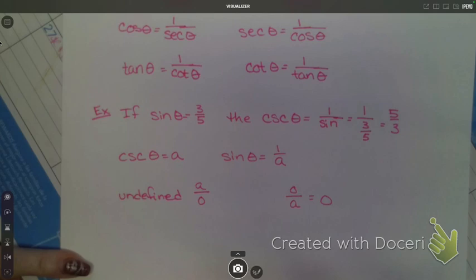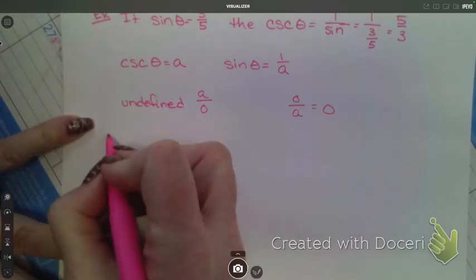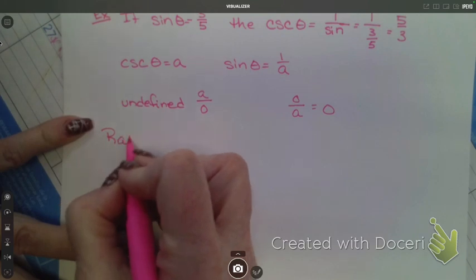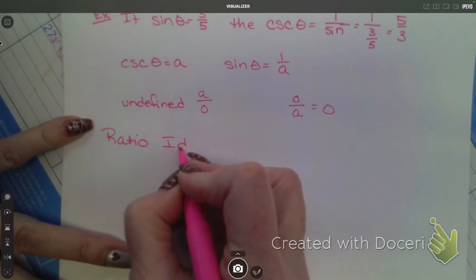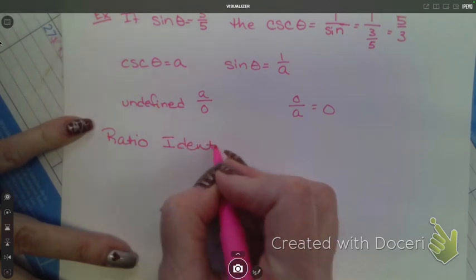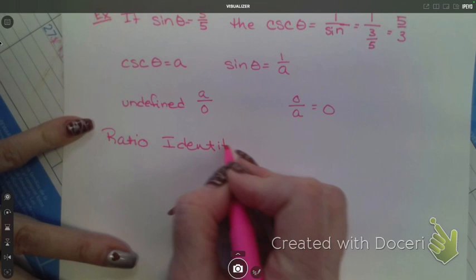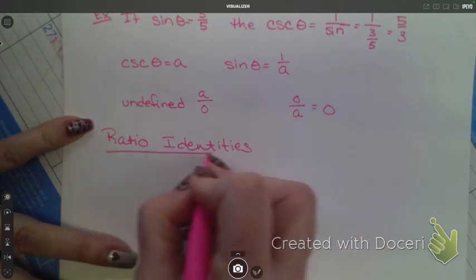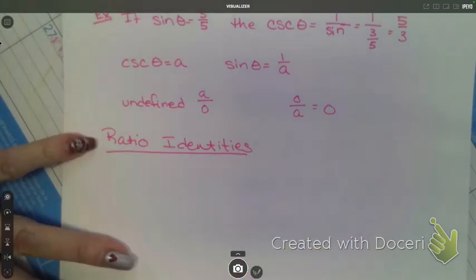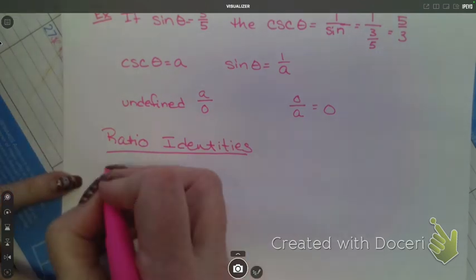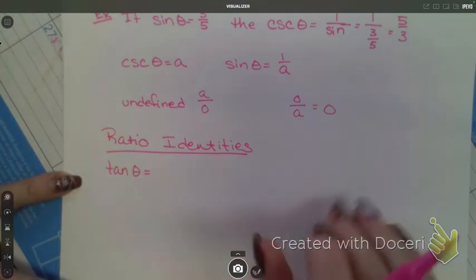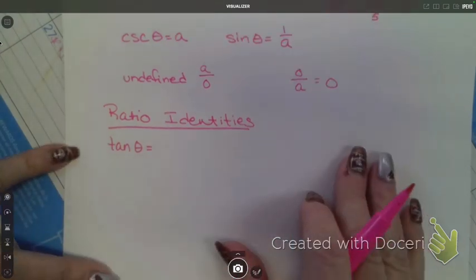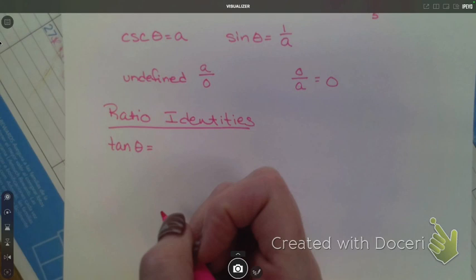Okay, the next identity group we're going to do is ratio identities. First of all, what's a ratio? It's one of those F words in math you guys don't like. Fraction. So the tangent of theta, remember I said we're not going to build a triangle. We're going to do everything with the trig functions today. Tangent is y over x, yes?